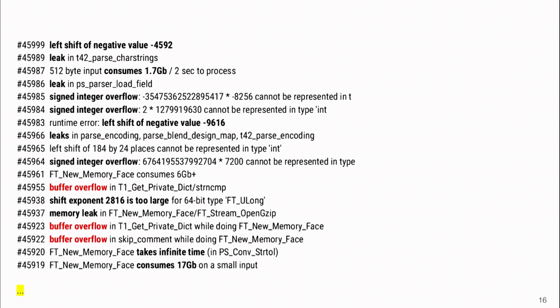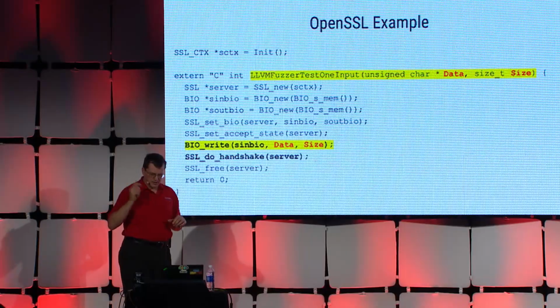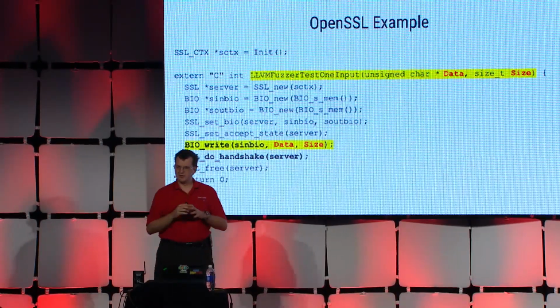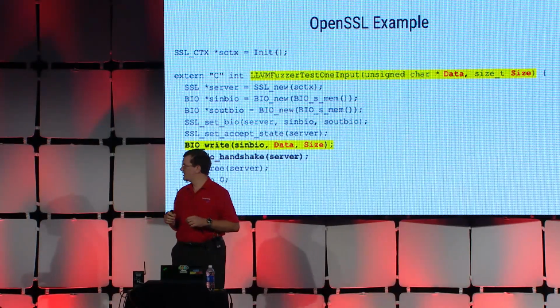Some of the bugs are just stability bugs, but several may have security implications, like buffer overflows, signed integer overflows, or leaks. Memory leaks typically are not considered as security bugs, but they are because they can lead to DoS attacks.